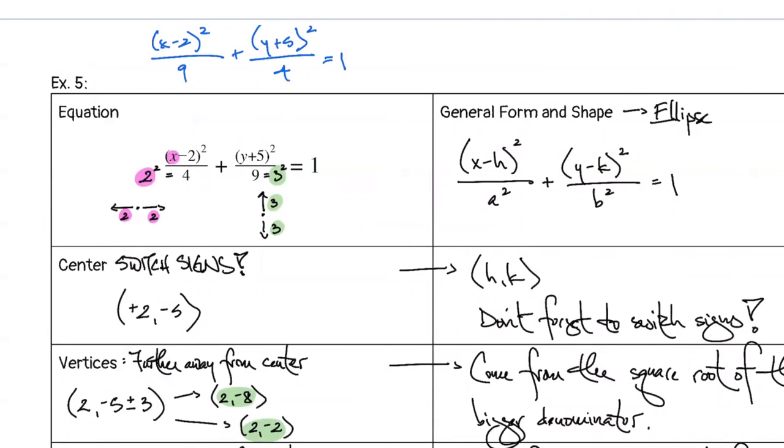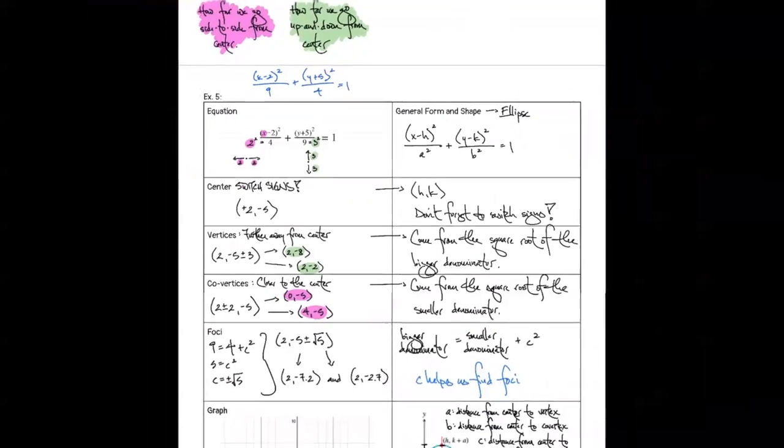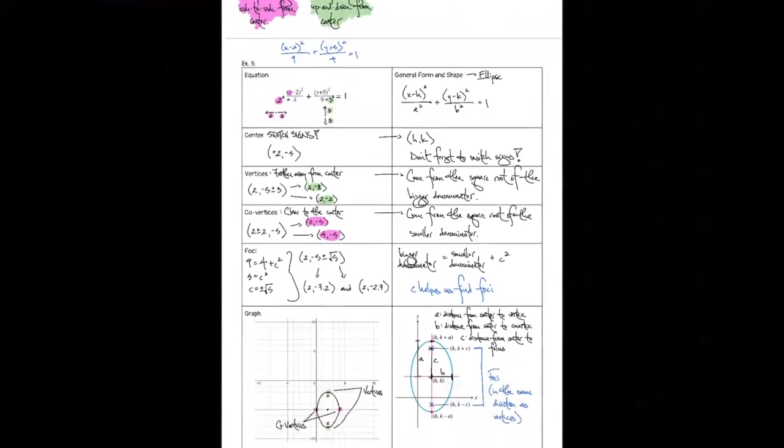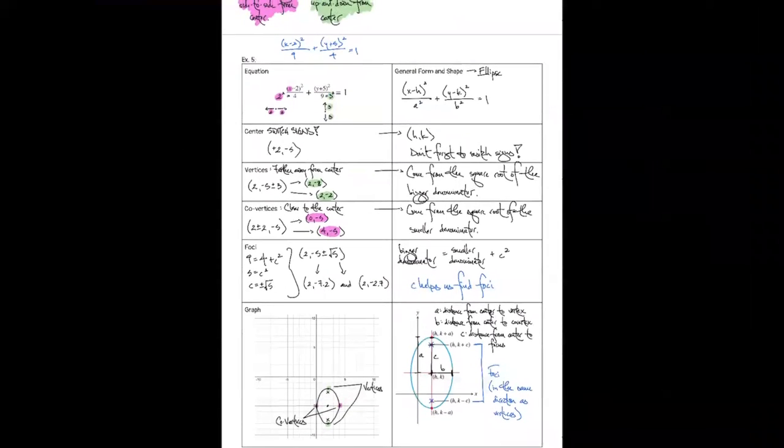How would that change my picture? Let's start there. How would that change my picture? It would change the major axis to be horizontal, so on the x-axis. Yeah, I agree. In fact, we might even think that our ellipse will be more like this way.